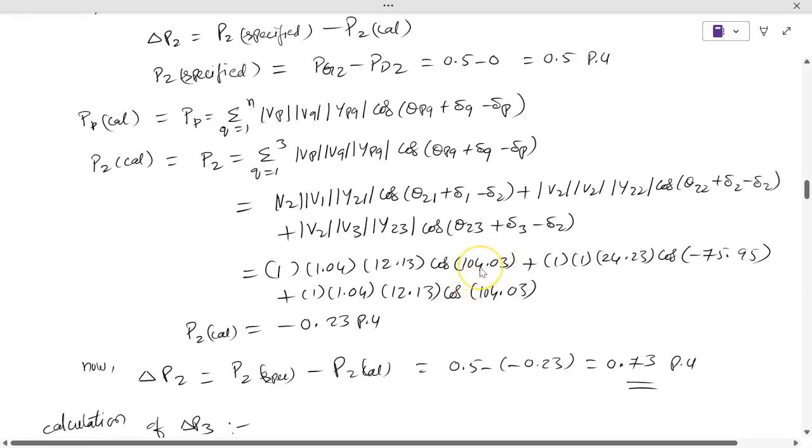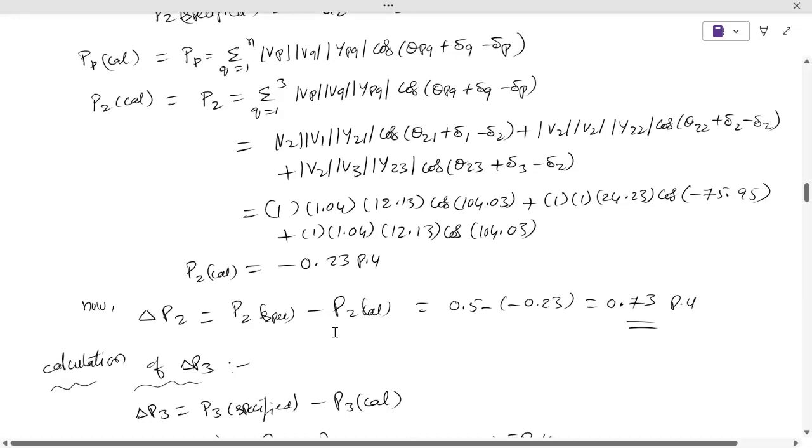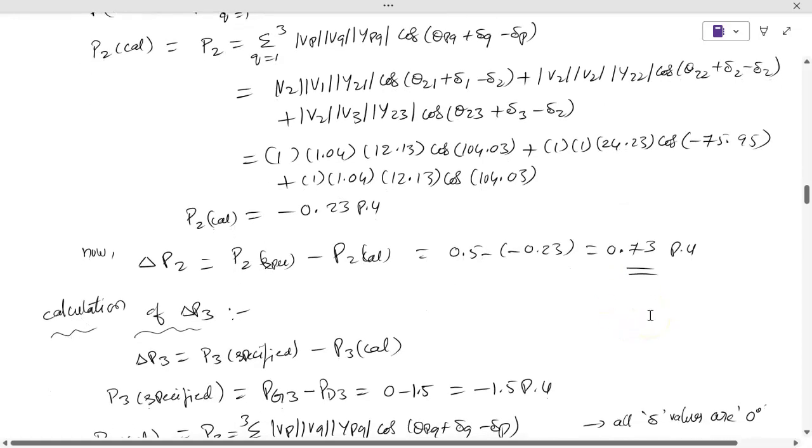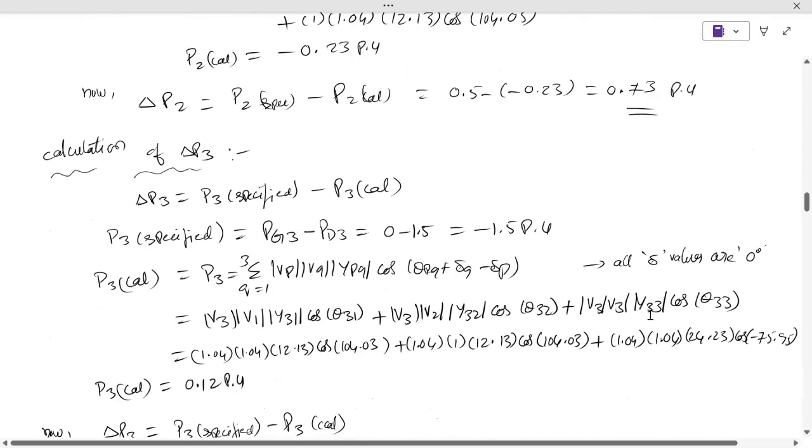After substituting these values, we get the P calculated value. Finally, delta P2 is equal to P specified minus P calculated, that is 0.5 minus of minus 0.23, that is 0.73 per unit.